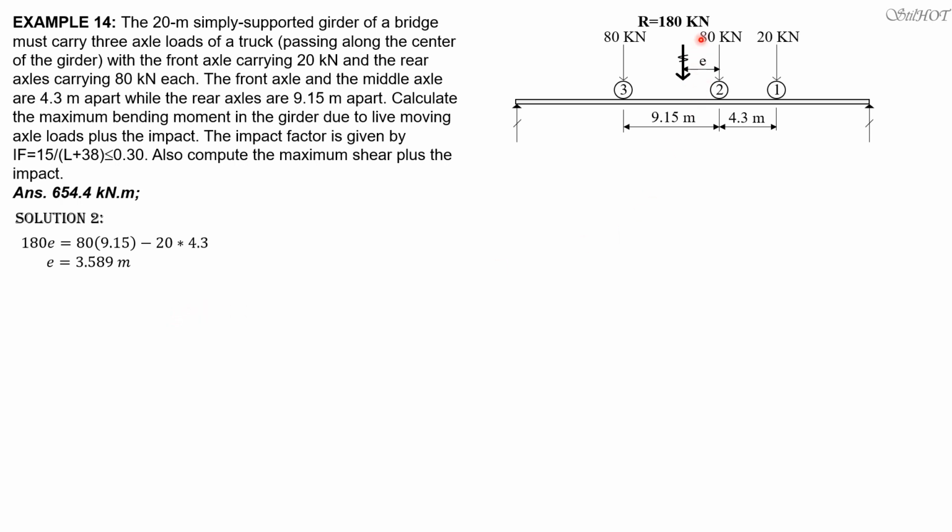So we imagine that the center of the beam is passing through the midpoint of E. So it's here. That's the center of the beam. This time, let's solve for the reaction at the right side.